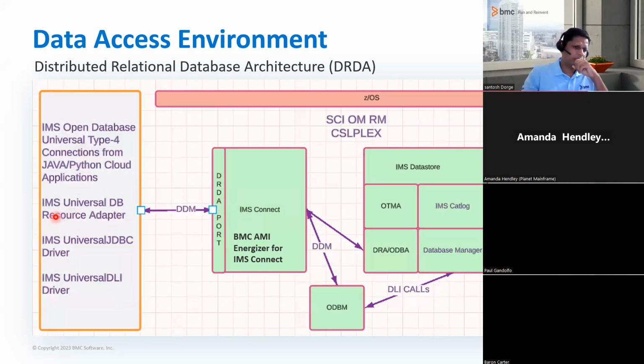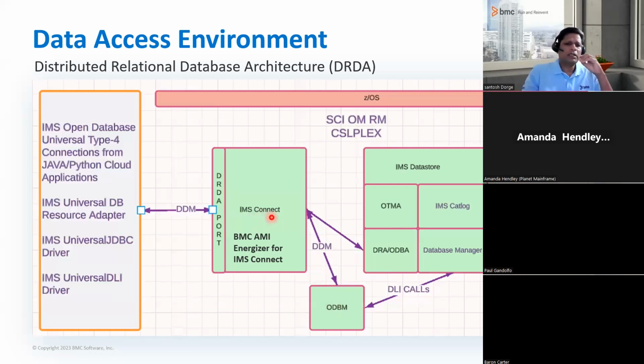Then the universal DB drivers, or universal JDBC drivers, can be used in order to establish the connection here. And Energizer can help you to route these messages to a designated or well-equipped IMS system through the ODBM.